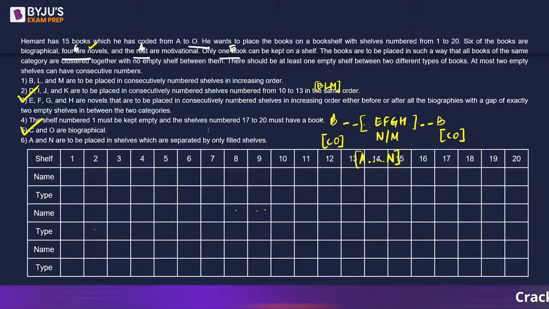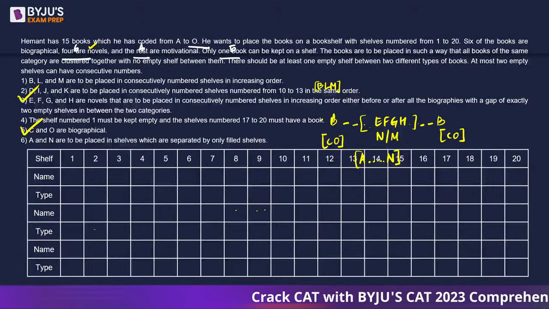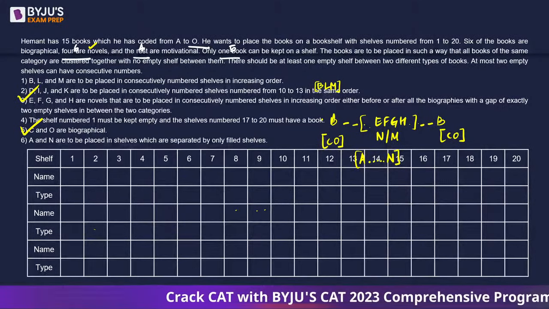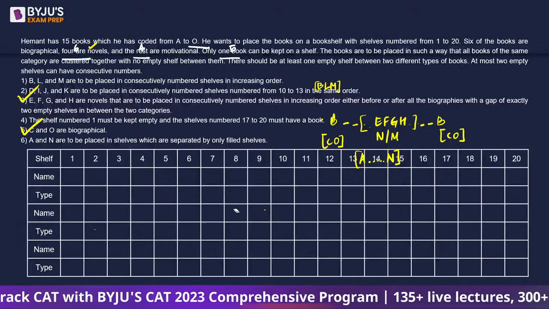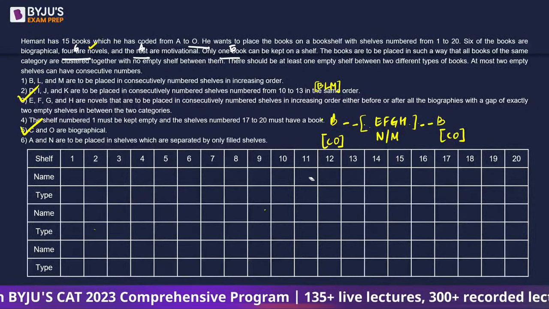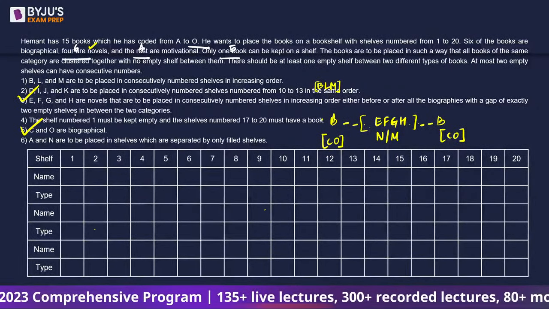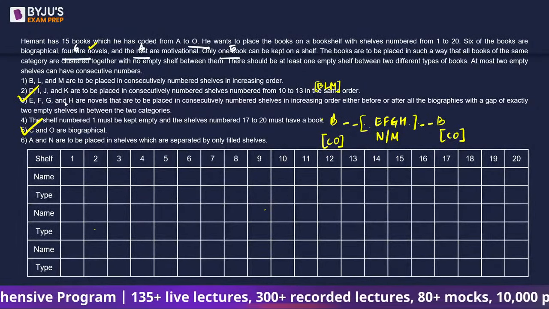Okay, so I have now made 3 cases. I'm not sure how many cases we are going to get actually. I hope it is visible. Okay, so let's begin. So let's fill in the things that we are sure about.